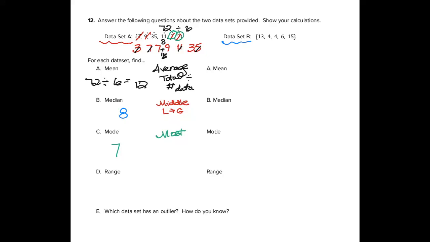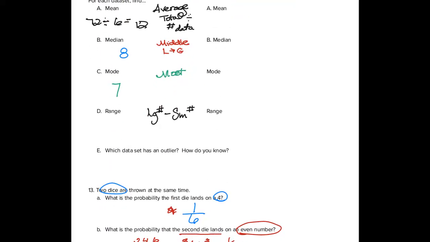You need to take the largest number minus the smallest number. You actually have to subtract, and it is not an actual range of numbers like we sometimes would think of with the margin of error. So that would be 35 minus 3, which is equal to 32. Very nice.